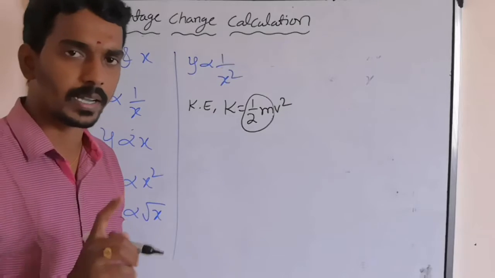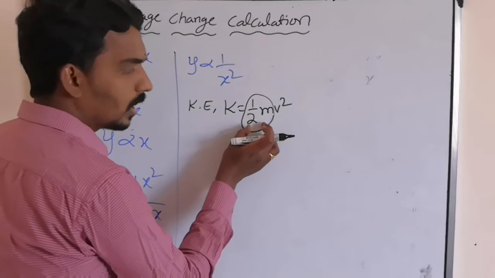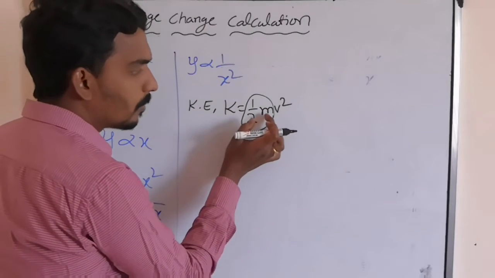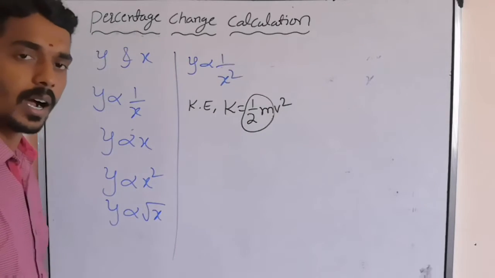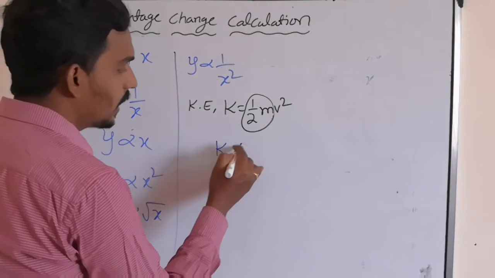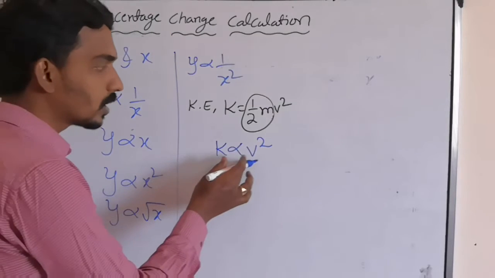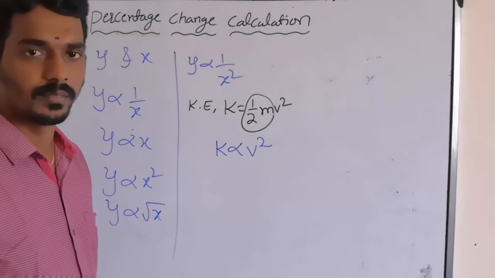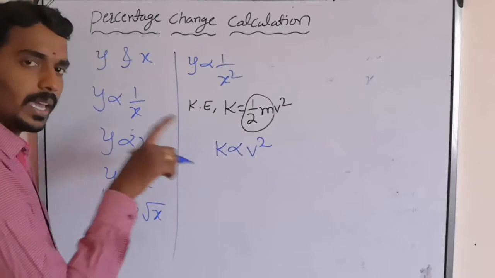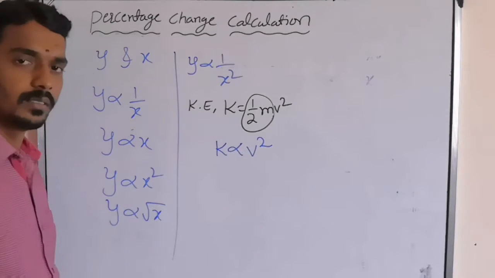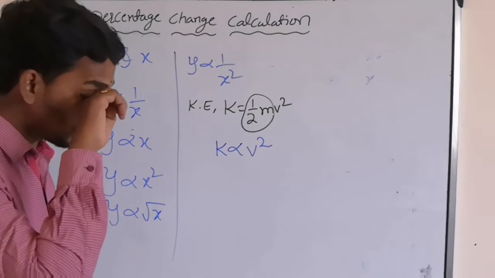So for one particular particle, as velocity changes, kinetic energy changes. Now in this relation, mass and 2 both are constants, so you can write the relation like K proportional to v square. Here y is K, x is v. As v changes, K also changes.